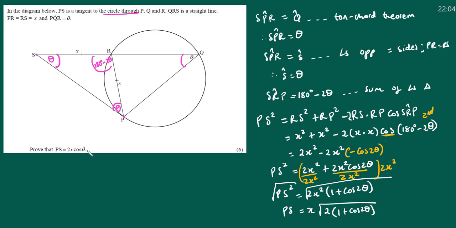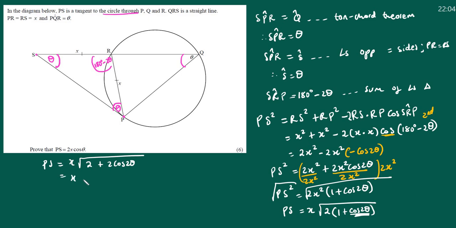Then now that we have this, it doesn't look like that, right? So it tells us that we still need to work even harder. So we say PS is equal to x. Luckily, because you have cos 2 theta, you know you can change it to the one with cos, because you have cos here, right? So you will say 2 into 1. Actually, let's multiply this inside. 2 times 1 is 2, and then you have 2 cos 2 theta.